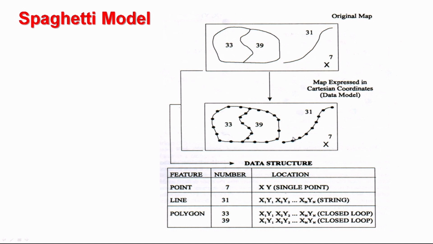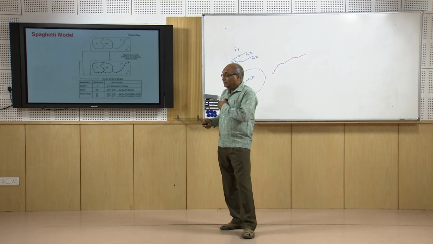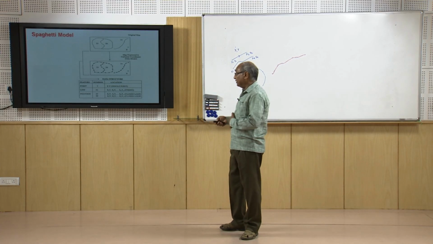For point data there will be only a single coordinate, for line data there will be multiple, and for polygons again multiple. This is how a spaghetti data model is stored in a very simple way. Since there is no construction of topology, the storage part is very simple, but during analysis you cannot take advantage of the neighborhood relationship information.